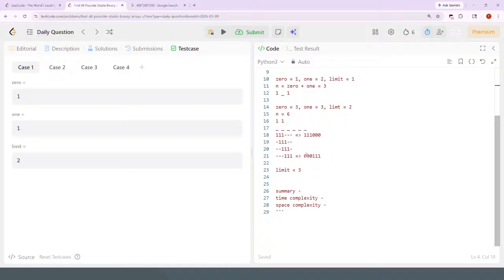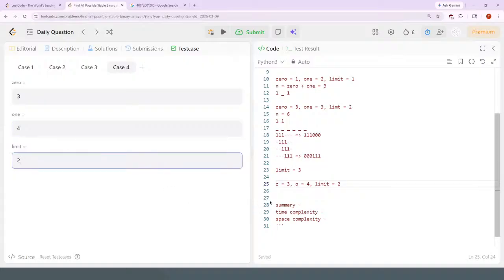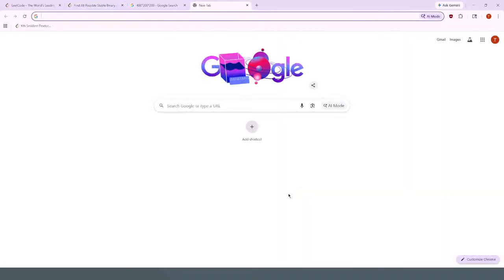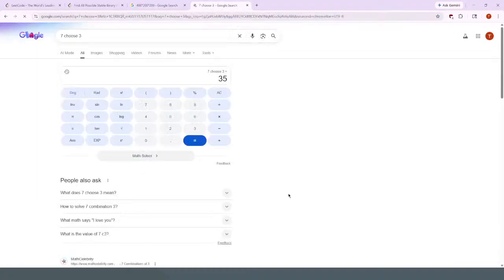Let's do something where it's, let's say, 3 zeros, 4 ones, and 2. Alright, let's go ahead and consider. So baseline here, it's going to be 7 choose 3. Mental math says there should be 35.